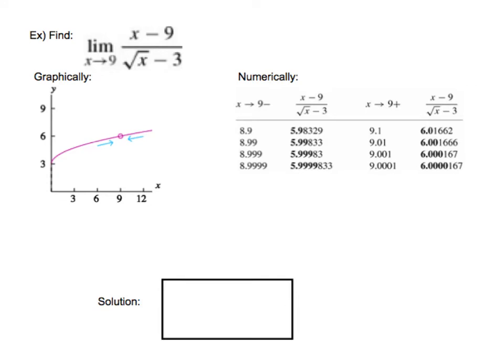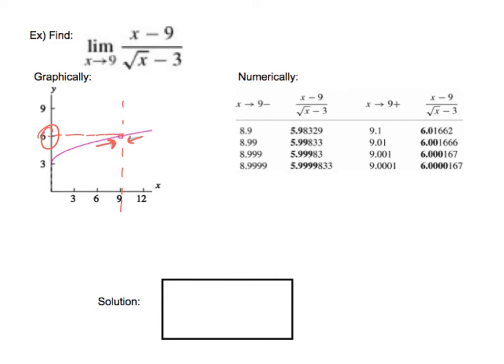I can graphically look on the left side and I look at the y values as I move closer to the x value of 9, and the y values as I move closer on the right as well. And graphically speaking, the y value's up there at 6.